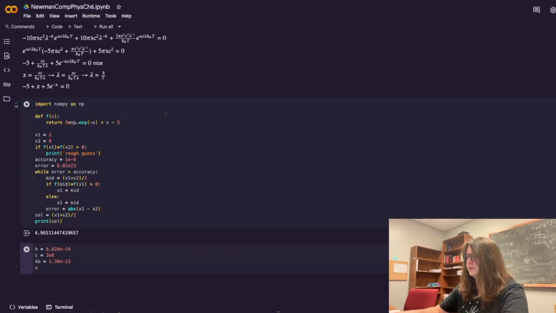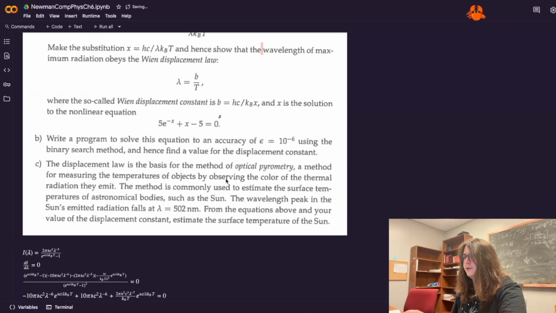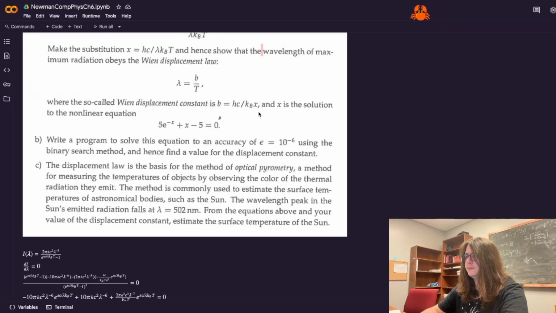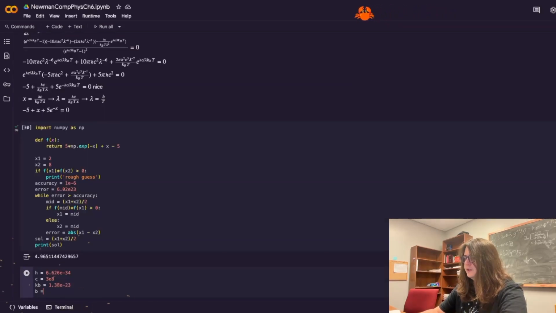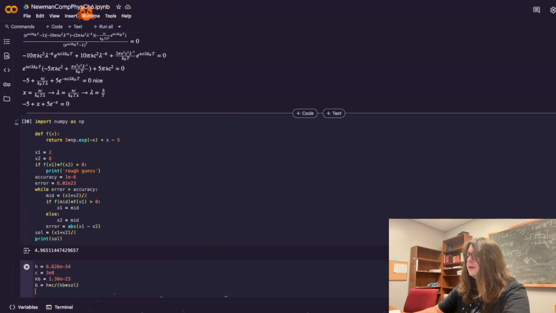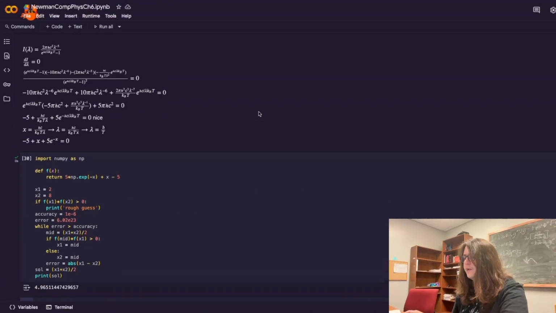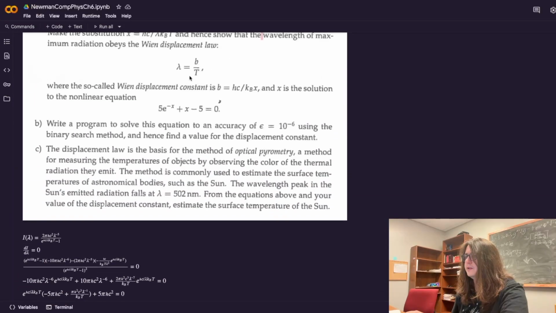And so you're going to use this to calculate, you have x, so you can use it to calculate b. So b is h times c divided by kB times x, the solution, actually. And then once you have b, you can plug it into Wien's displacement law, but solve for T instead of lambda.